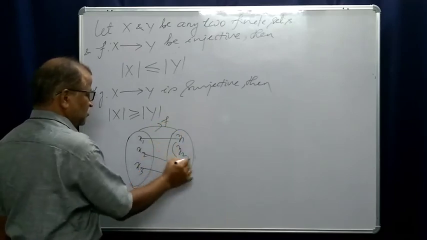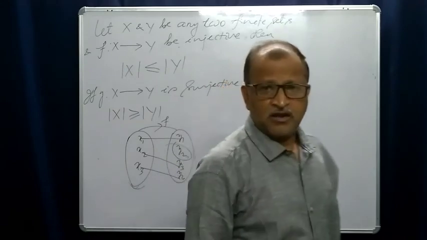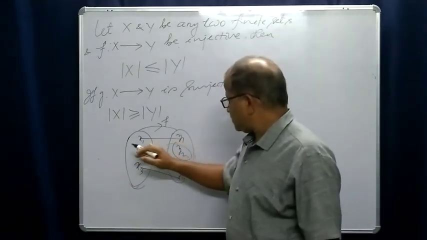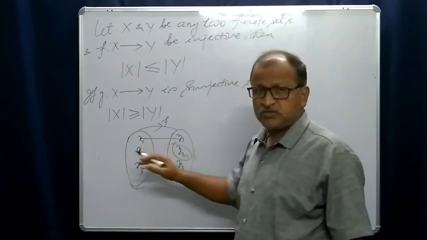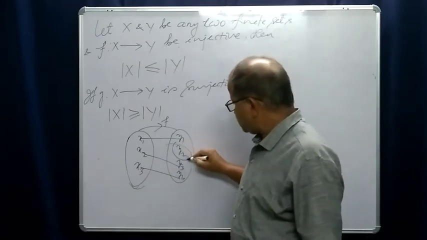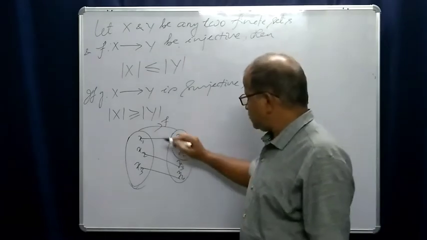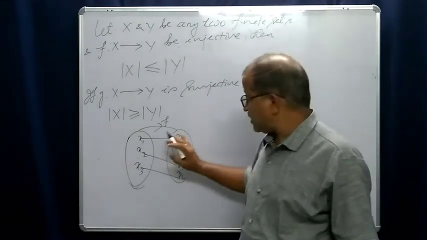Then one element in y will remain to which no element of x is related. So this is excluded from the range set of the function. So this function cannot be onto.